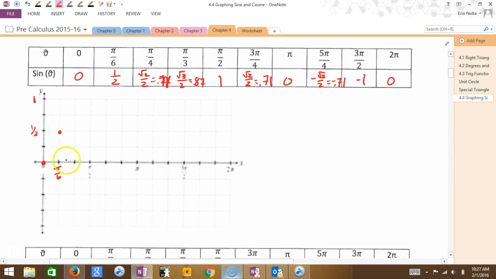Pi over 4 would be halfway in between pi over 6 and pi over 3, so this is pi over 4 right here. I'm going to go up to 0.71. Let me put this in terms of decimals instead of 1/2. This is 0.5, so this would be like 0.75. So we're right there-ish.